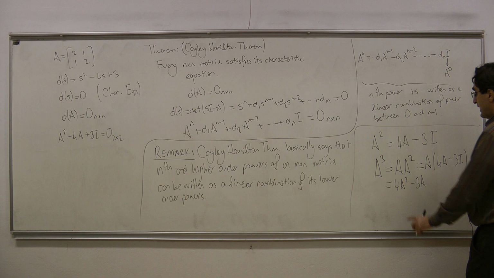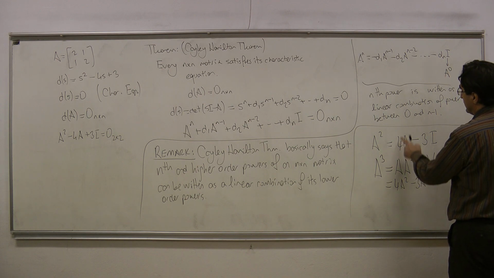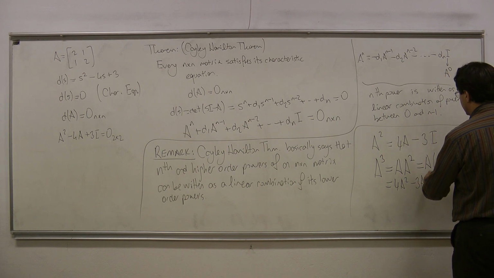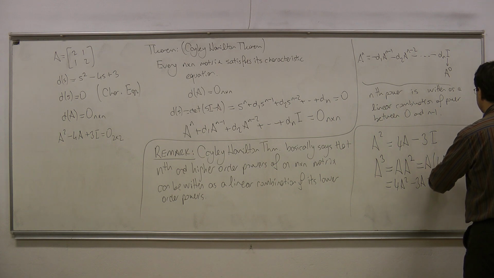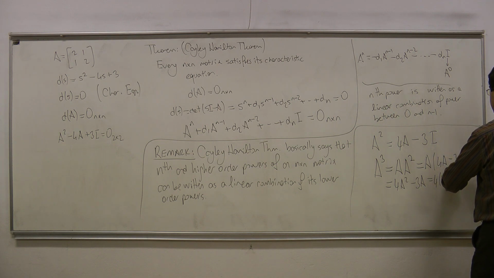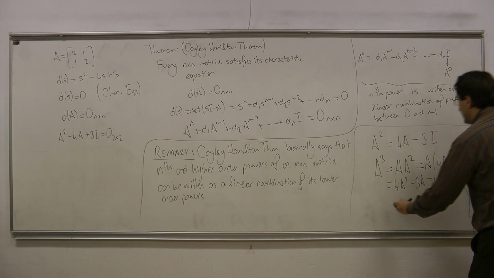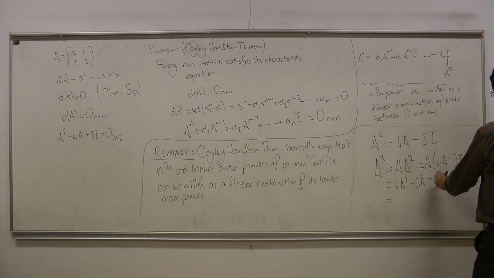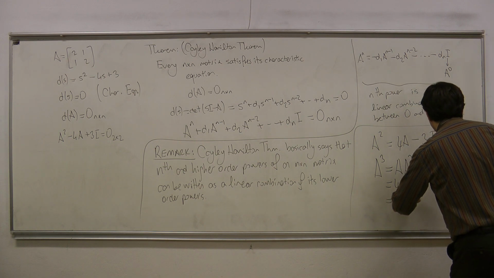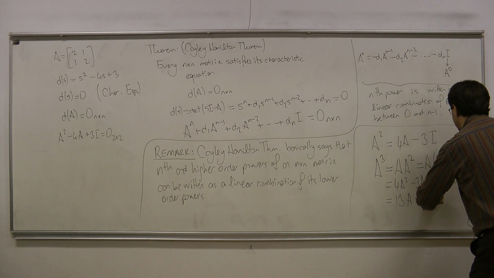And I again have an A squared here, which I can replace with 4A minus 3 identity: 4 times (4A minus 3 identity) minus 3A. Then I have 16A minus 3A, which is 13A, and I have minus 12 identity.